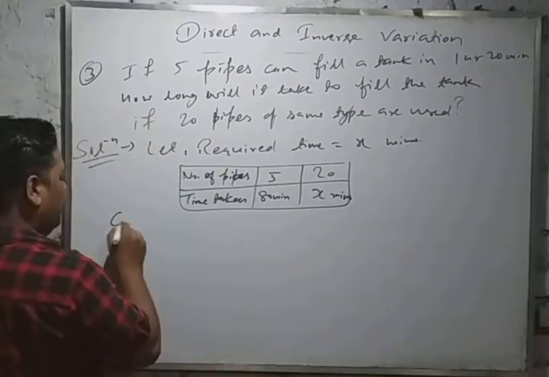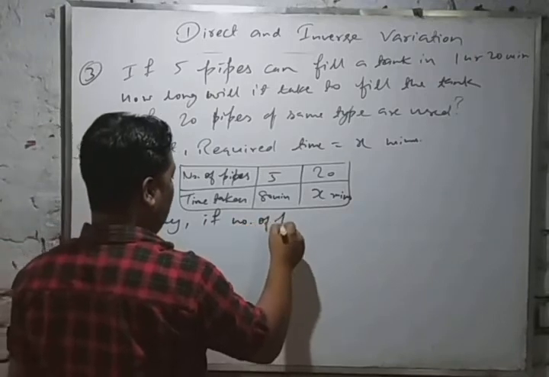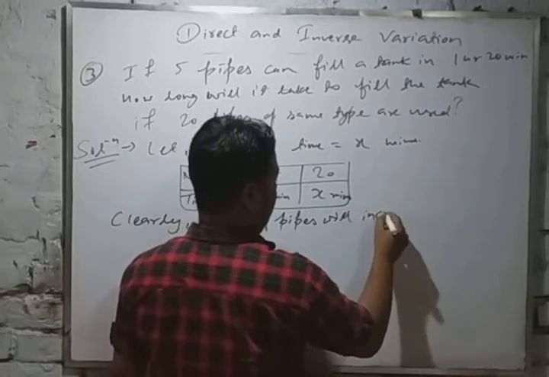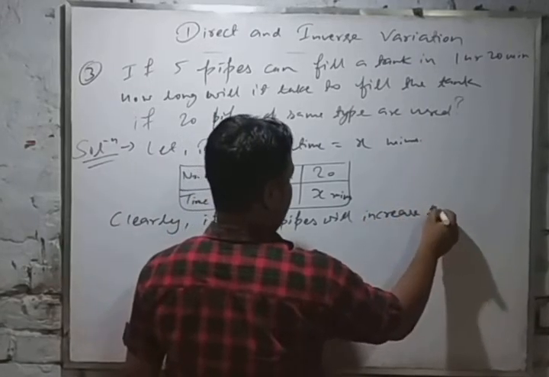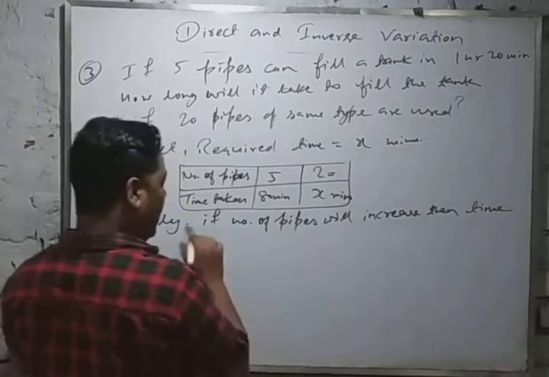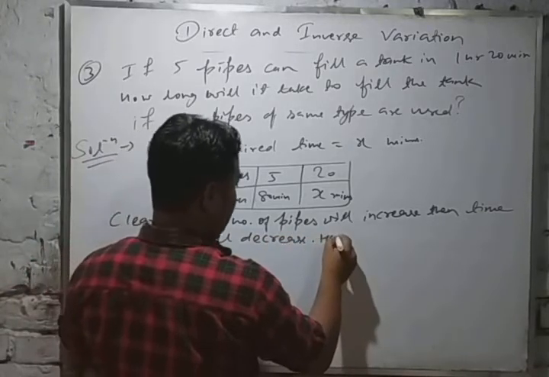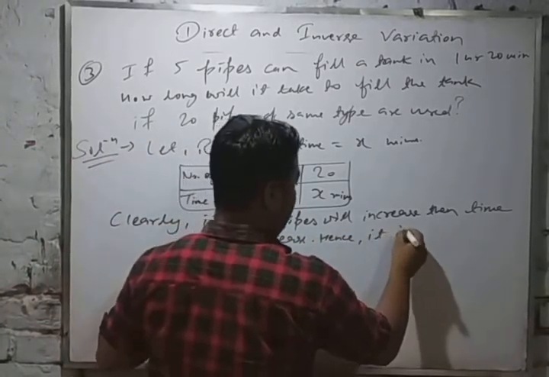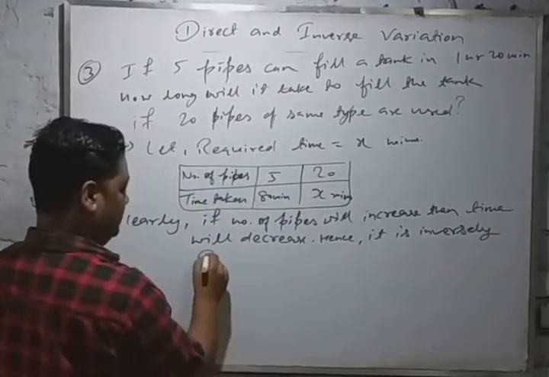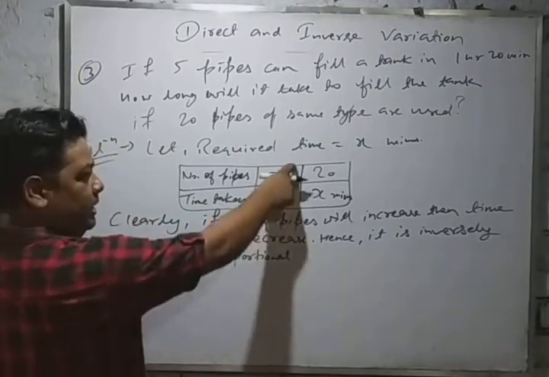So here we will write clearly, if the number of pipes will increase, then time will decrease. Hence, it is inversely proportional. And if inversely proportional, then we will multiply both terms.